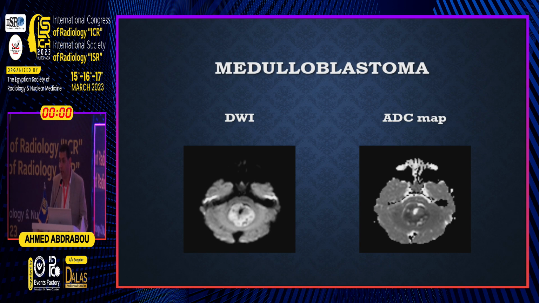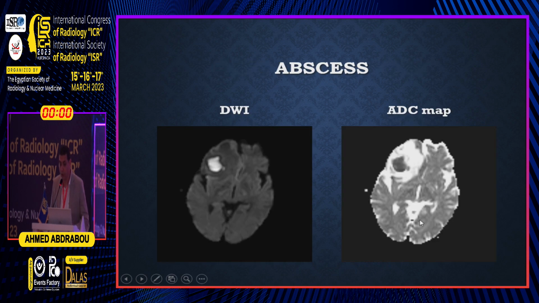We call it a highly cellular tumor or cell-packed tumor, like for example here, medulloblastoma, which is here in the brainstem and causing diffusion restriction in the ADC map. Another pathology that uses this type of diffusion restriction is abscess, because the medium here is now filled with cellular spaces, inflammatory cells and macrophages and things like this, which also restrict the extracellular space.